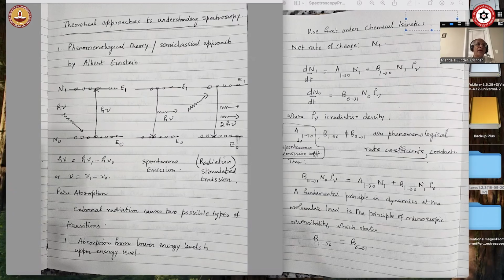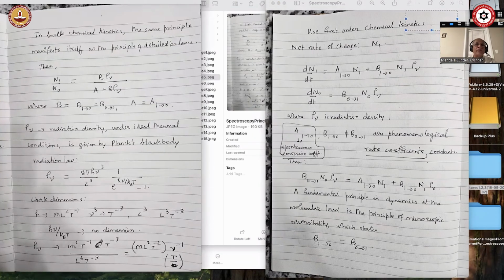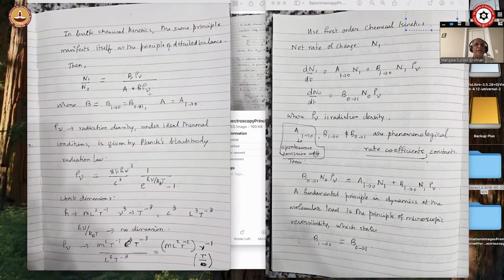This is 4. Yeah, next one is 5. Okay, so you can see the fifth one here. So now you can take the ratio N1 by N0. N1 is common here.